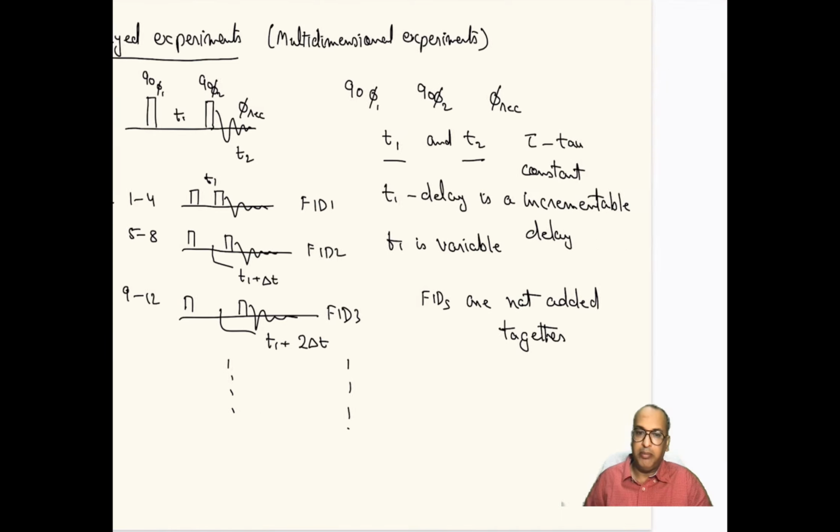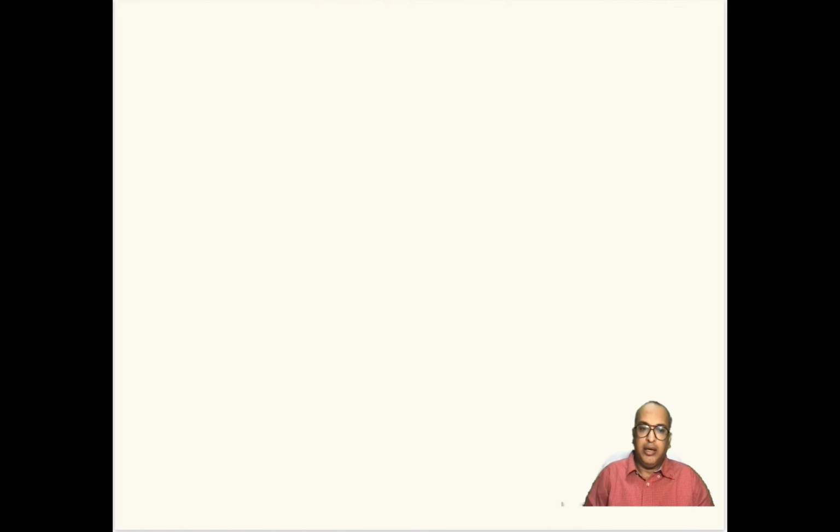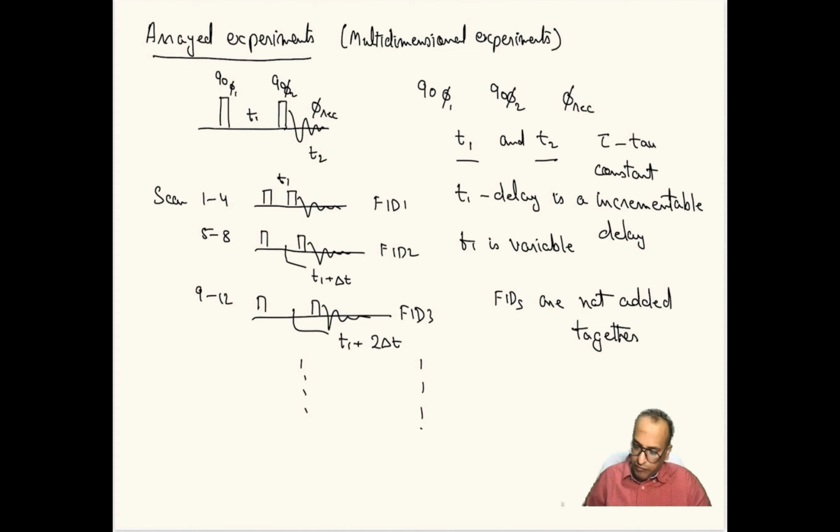What do I mean by matrix? So let's say each FID after digitization, if we have this FID over here and we digitize it, we can represent each FID as a series of steps, right? A series of numbers which are a function of t2, right?